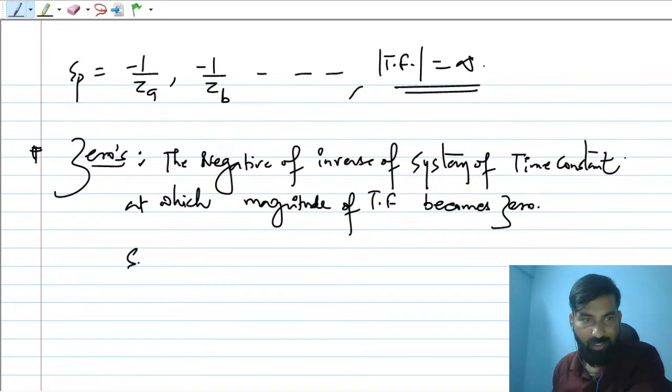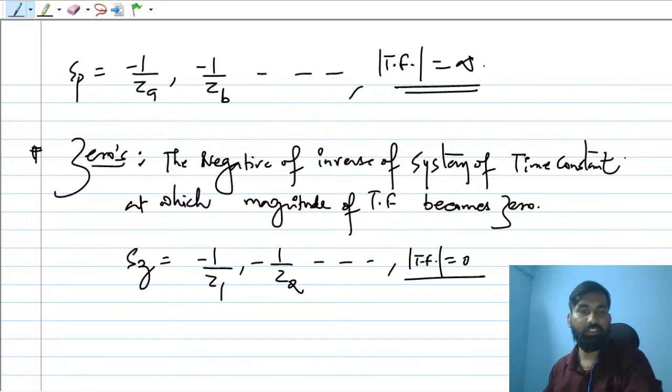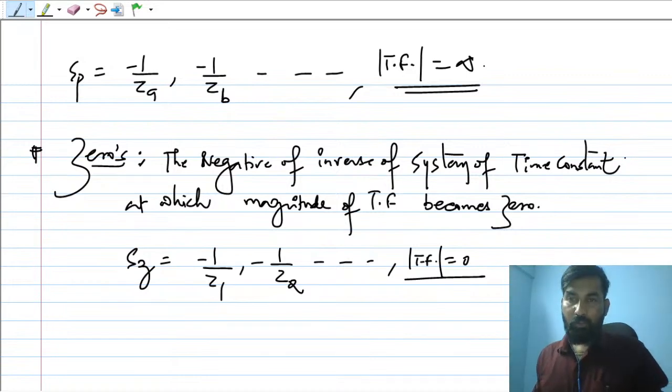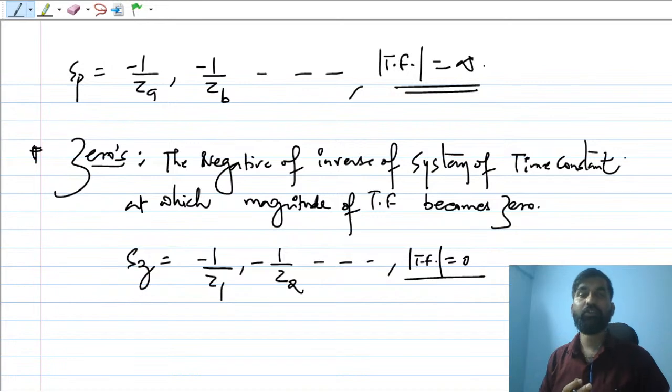You can say the zeros are minus 1 upon τ1, minus 1 upon τ2, and so on, where the magnitude of the transfer function becomes 0. That is why we call them zeros of the transfer function. I believe it is clear. You can watch these sessions many times. That is why I'm recording, and these sessions are completely private.